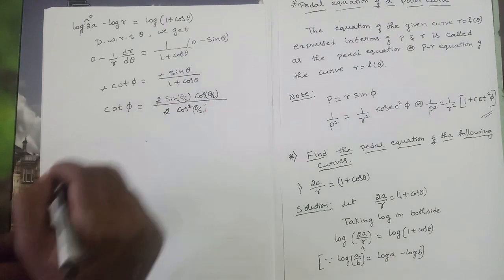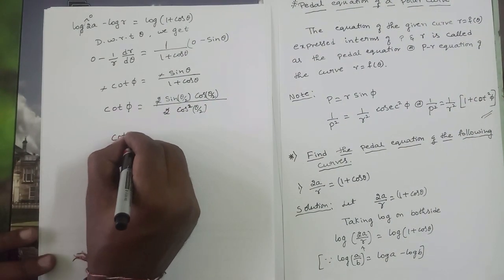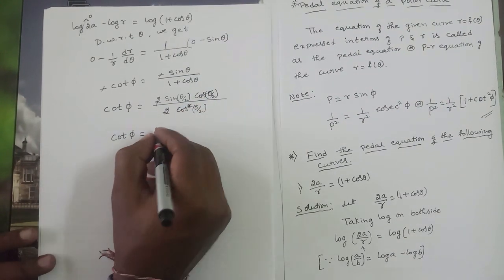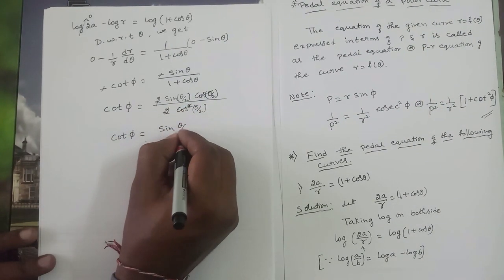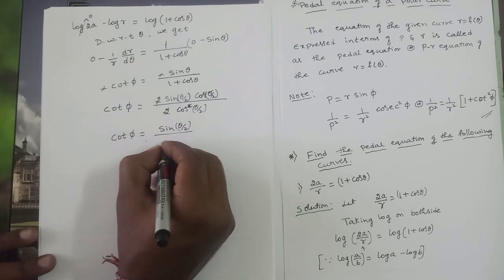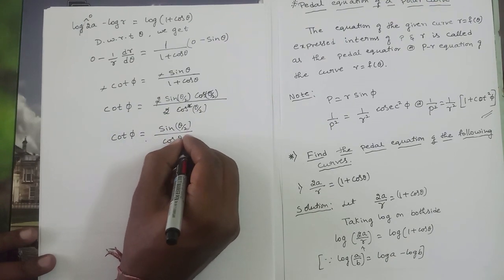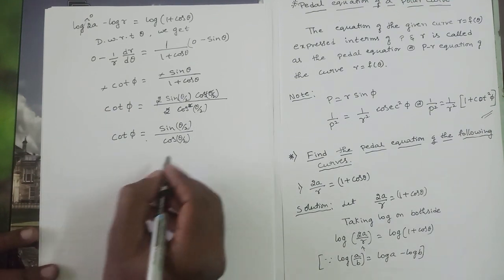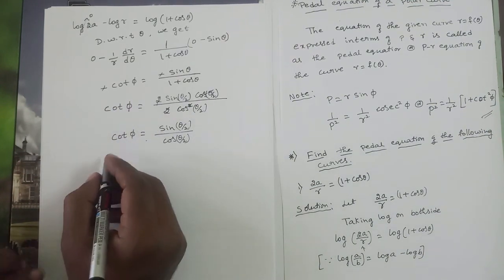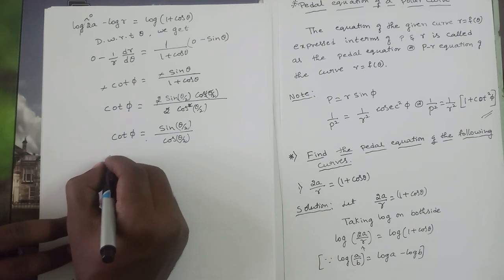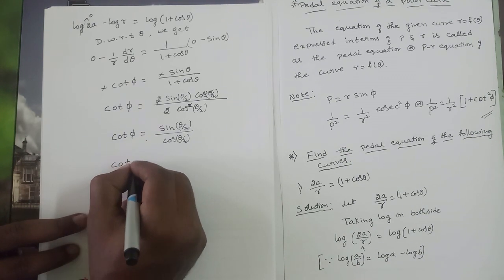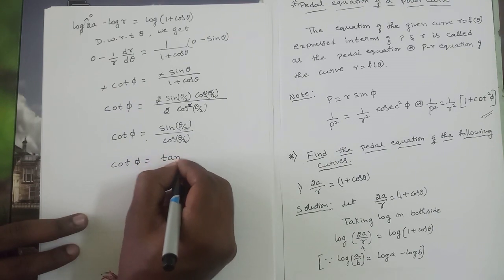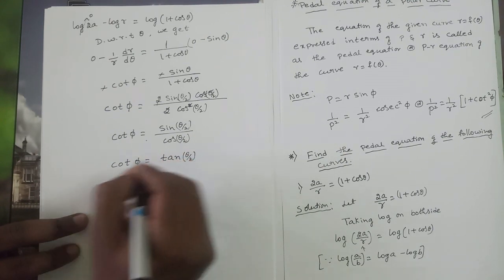So 2 gets cancelled, and one cos and one cos get eliminated. So sin theta by 2 divided by cos theta by 2, sin by cos is tan. So cot phi equals tan theta by 2.